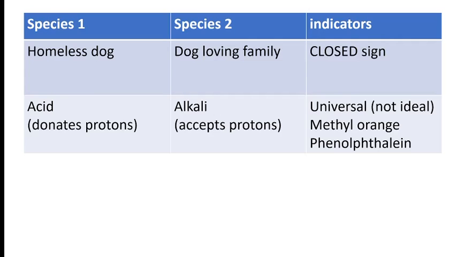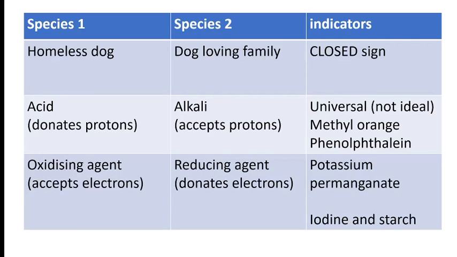A second chemical titration that A-level students learn about, and I think you're going to like the symmetry of this, is we sometimes titrate oxidizing agents and reducing agents. So for example, the solution that we don't know is one of those 2. If you look at that in very simple terms, oxidizing agents accept protons because the other species has given it to them, so it's lost them, and reducing agents donate protons.